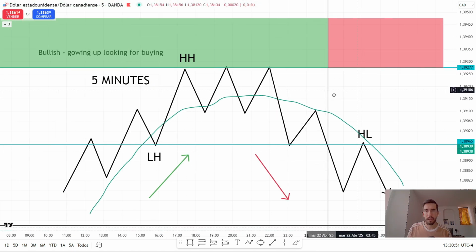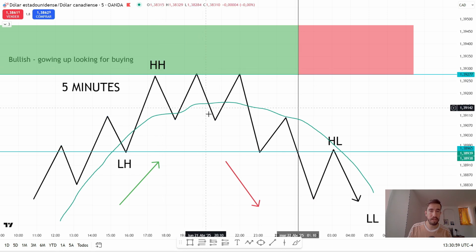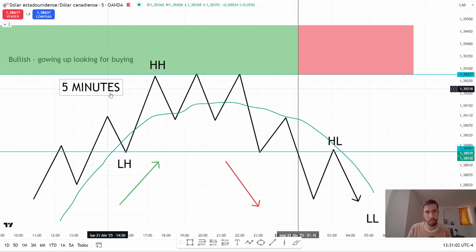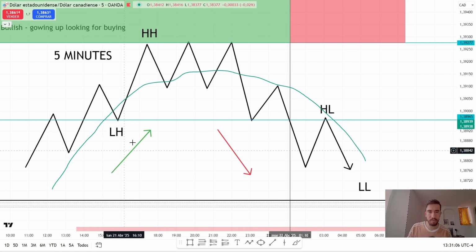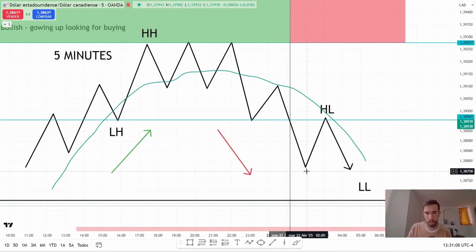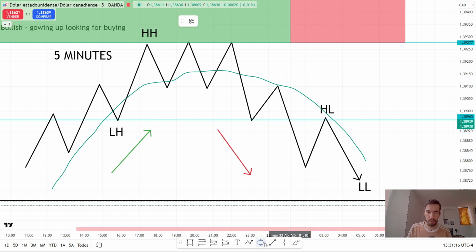We are waiting for the market to go to the zone and looking for buys, but it's not breaking on top of the higher high. So market structure, boom, boom, boom, boom, and then suddenly it breaks below the lower high. Comes back and then continues. This point here is the one that you need to look for.